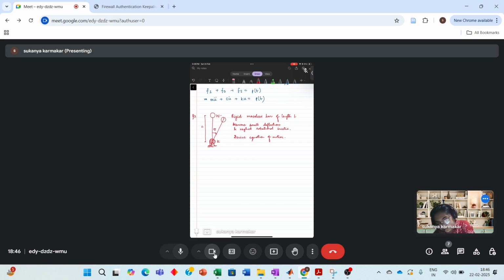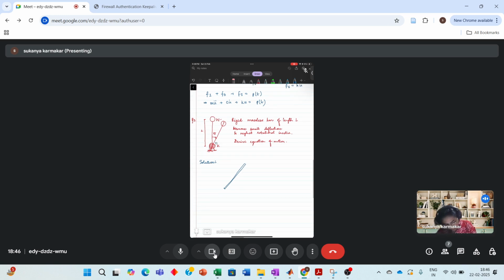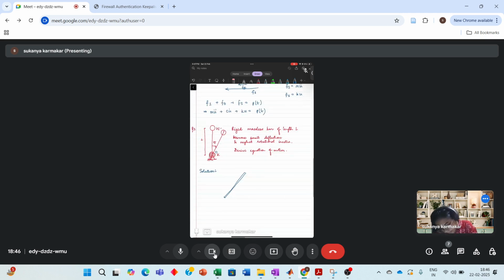So let's say you have a bar like this, and let's say this support is O, and from the vertical, this angle is theta. And at this point, you have the mass. Let's say this is W. Here you have the weight sitting.